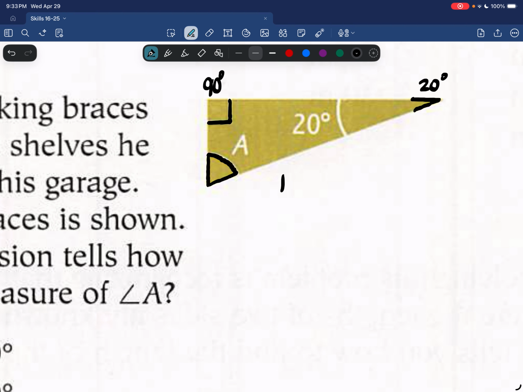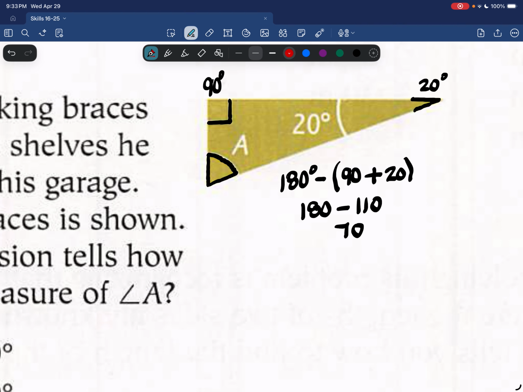So I could say 180 minus 90 and 20. So 90 and 20 is 110. And then 180 minus that would be 70.